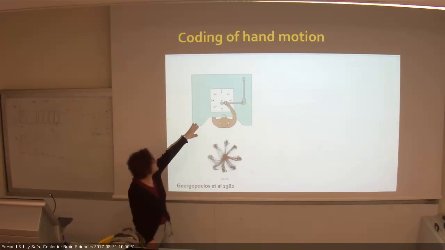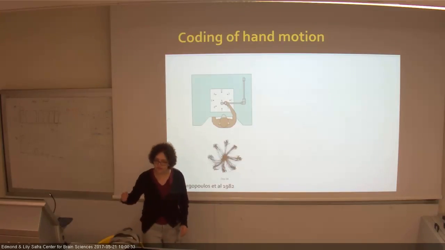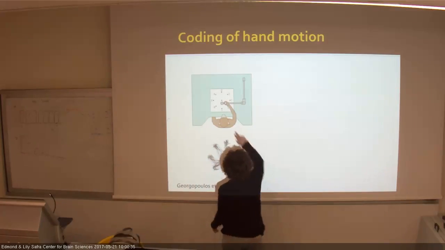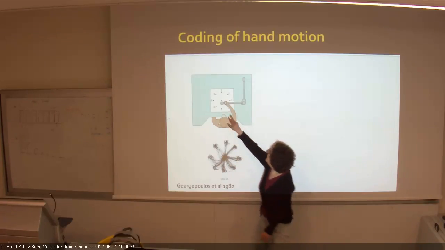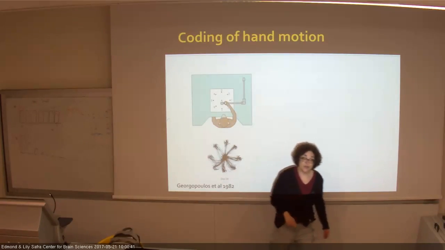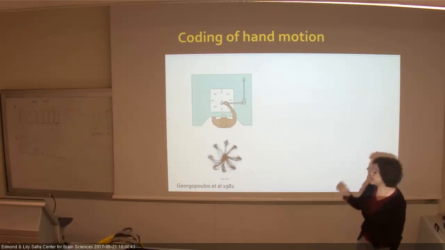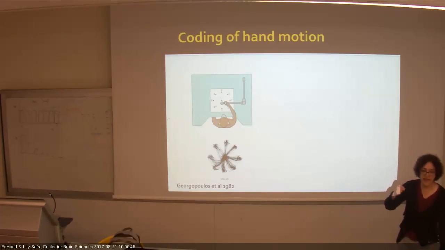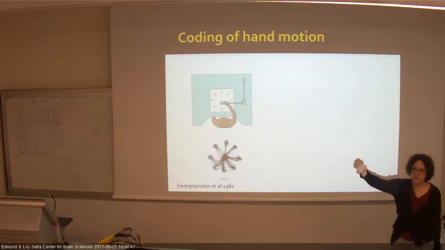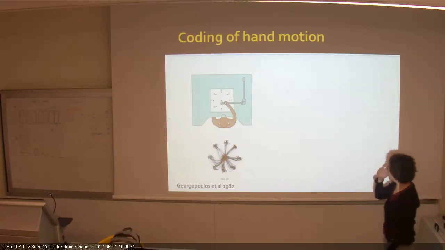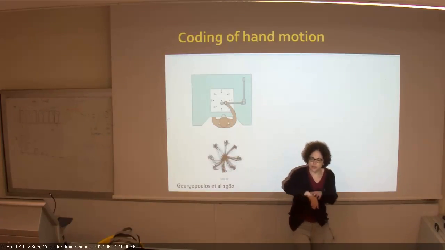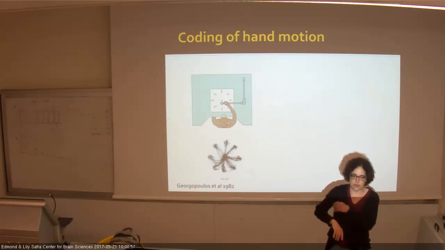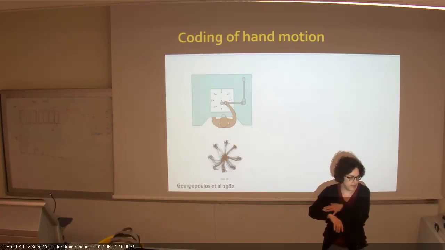And what he did is he trained a monkey to perform a center-out task. A center-out task is where the monkey is holding a manipulandum. The monkey needs to move the hand from a center position to one of 8 peripheral targets. Here, we don't control for the single joint forces or torques that are generated.